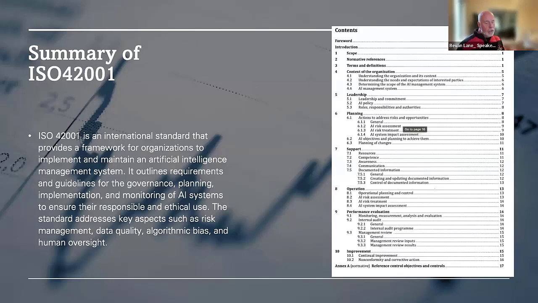So how do you bring those two elements together, which is what this tries to do. Okay, so quality with AI at its core. That sort of summarizes the standard quite well. But there's going to be things like data quality, risk management, human oversight, bias, ethics, all those things we spoke about earlier.